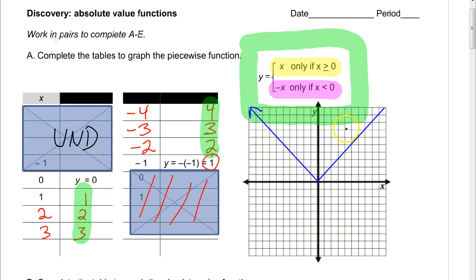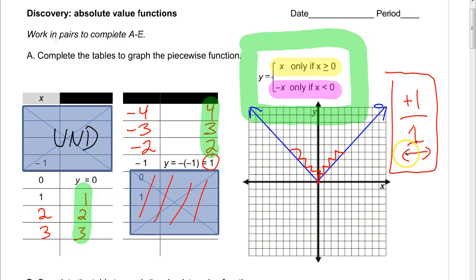Instead of doing separate lines like this, we can see this is basically the same thing. Just one's going up one, right one, up one, right one. This one's going up one, left one, up one, left one. So it has a slope-like feature where you can go either direction, depending on if you're going right or left.